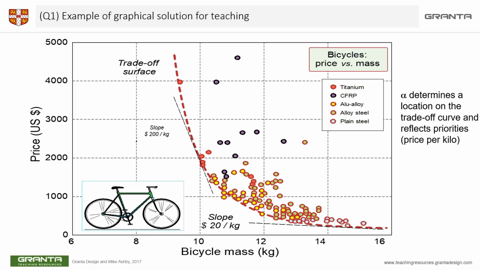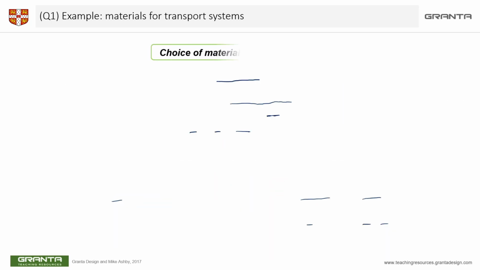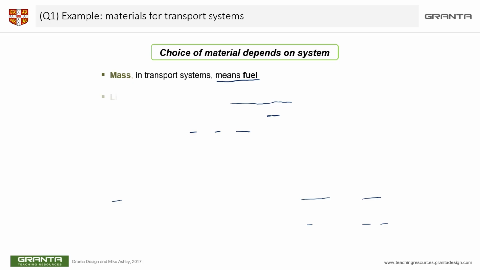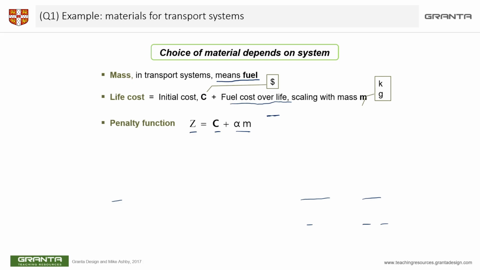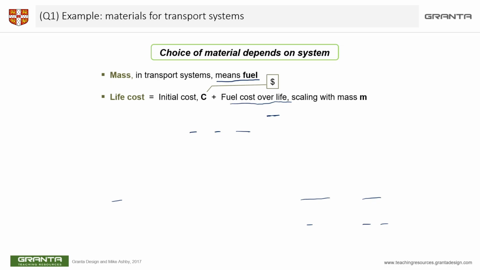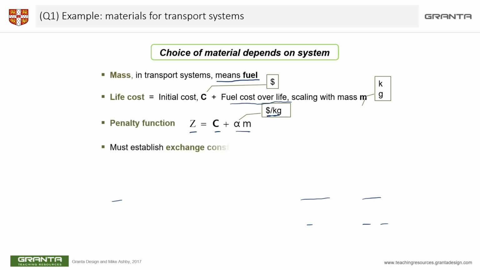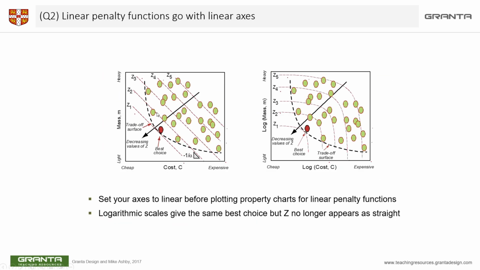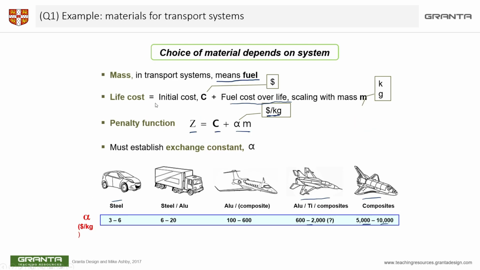So let's now look into this discussion of alpha from a different example's point of view. Okay, so when we are talking about transport systems, the cost always consists of two components. One is basically your cost related to the initial cost, meaning in terms of making the material, making the product, so the material that is involved.